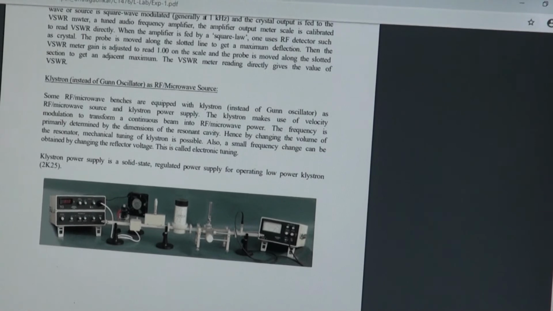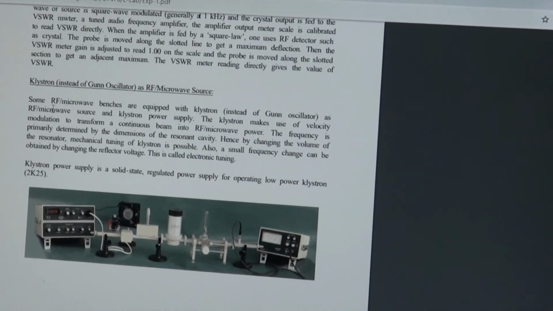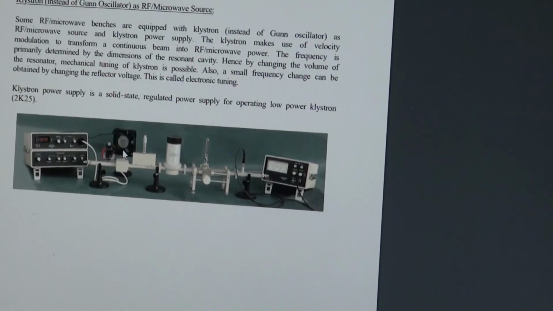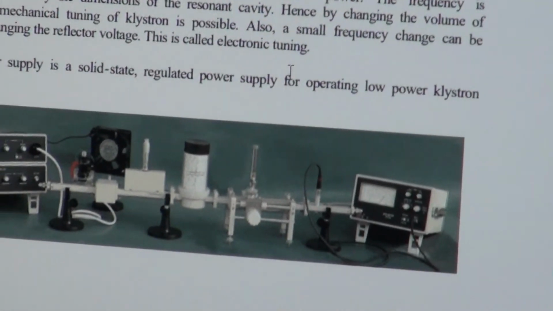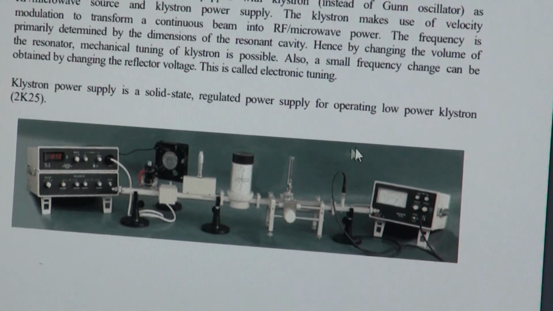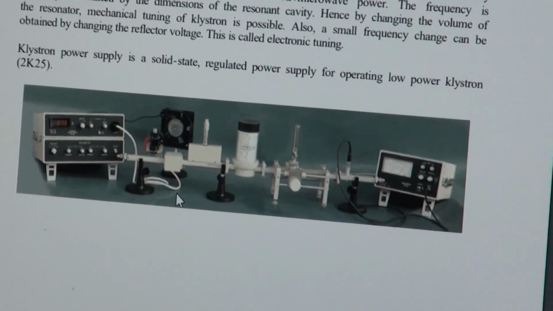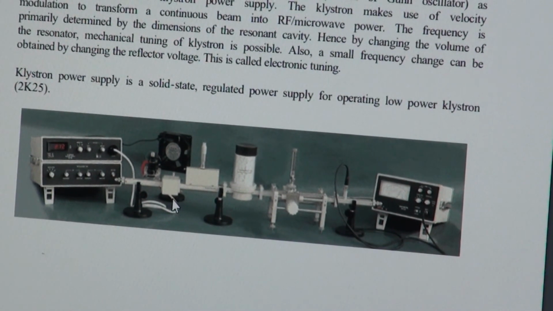And the last one is the RF and microwave test bench using a Klystron power supply. This is an actual hardware figure that includes the Klystron power supply, oscillator, isolators, variable attenuator, frequency meter, slotted section line, detector mount, and this one is the VSWR meter.